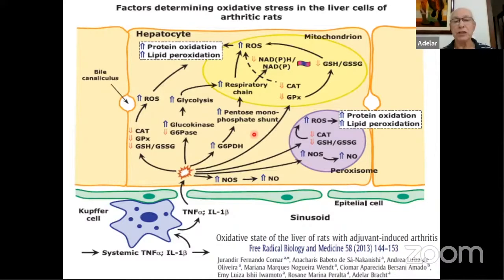And potentially, antioxidants, natural antioxidants, should affect these parameters. That is an important fact that I would like to emphasize here. These effects are compartmentalized. You see here 3 compartments. We have distinguished these compartments: the cytosol, peroxisomes, and mitochondria.